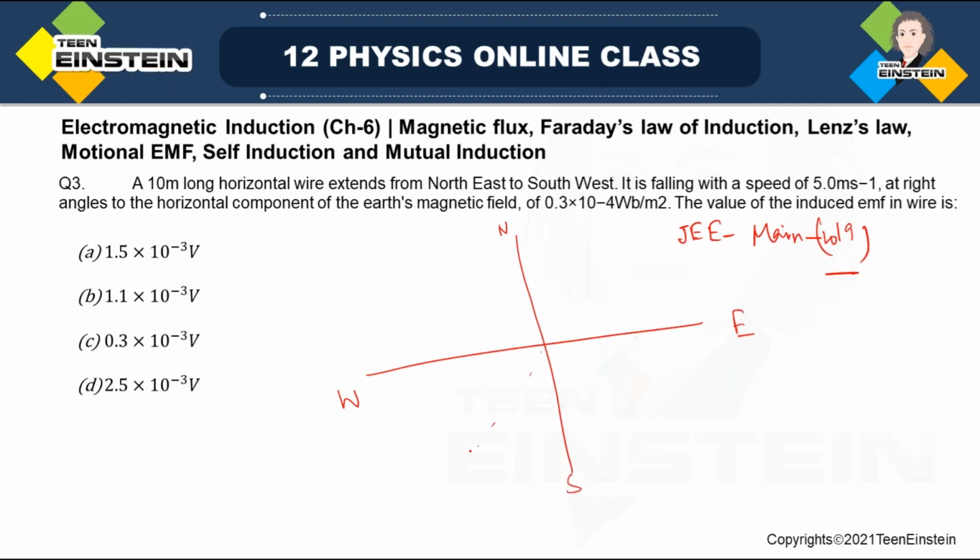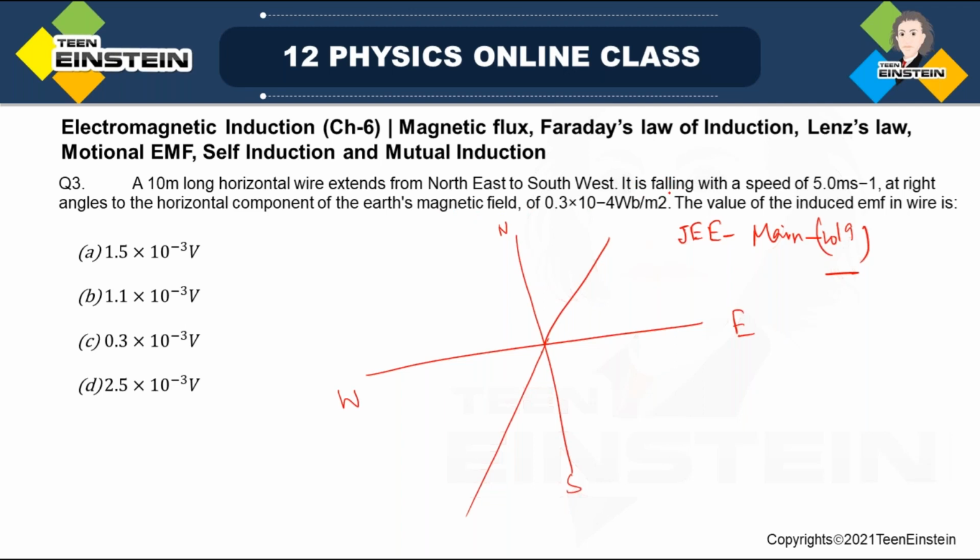So southwest is this part and northeast is this part. So there is a wire which is extended northeast to southwest, like this.